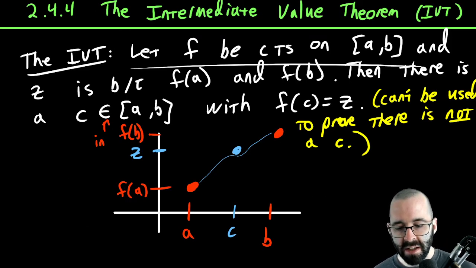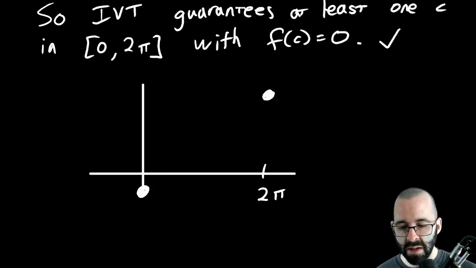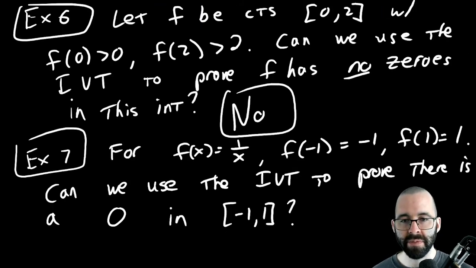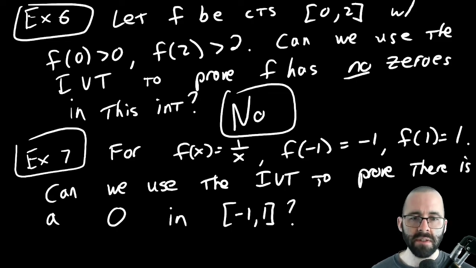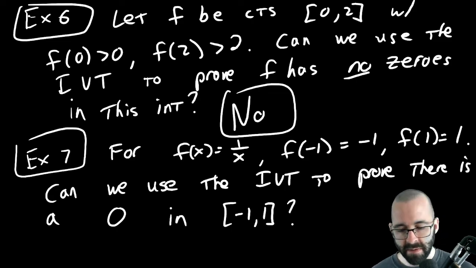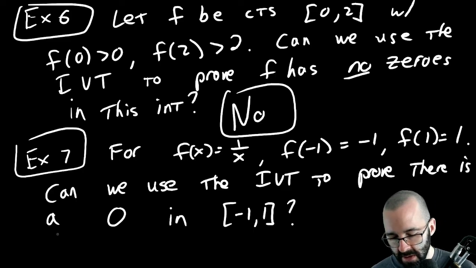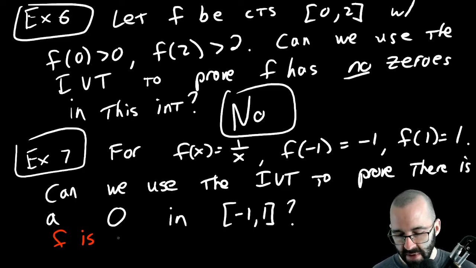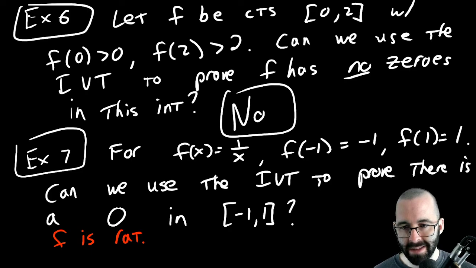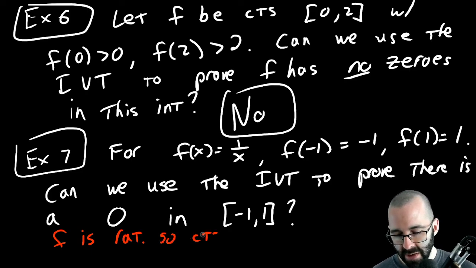Let f be continuous on the closed interval a to b. Do we have that? It's a rational function. Rational functions are continuous everywhere on their domain. Oh, great. So f is rational, so it's continuous on its whole domain.